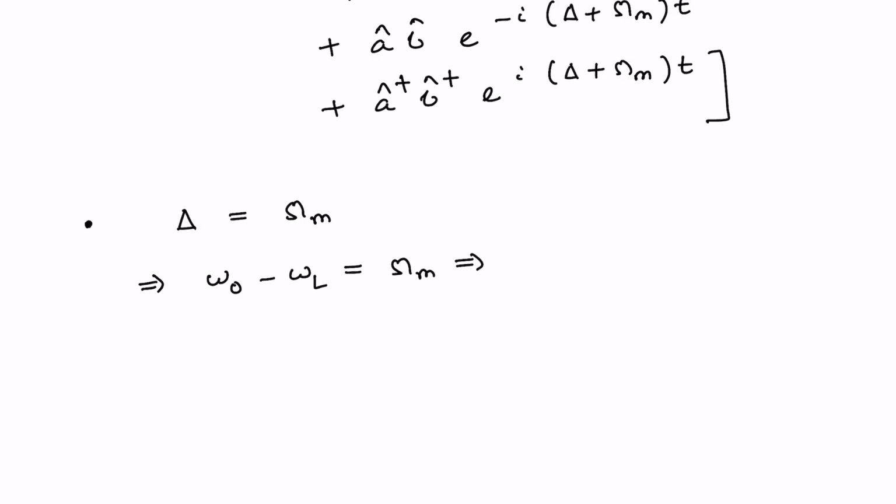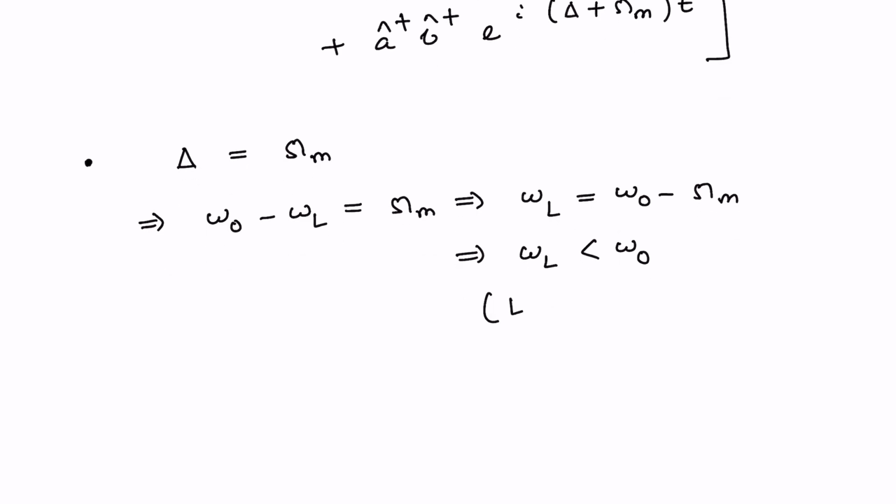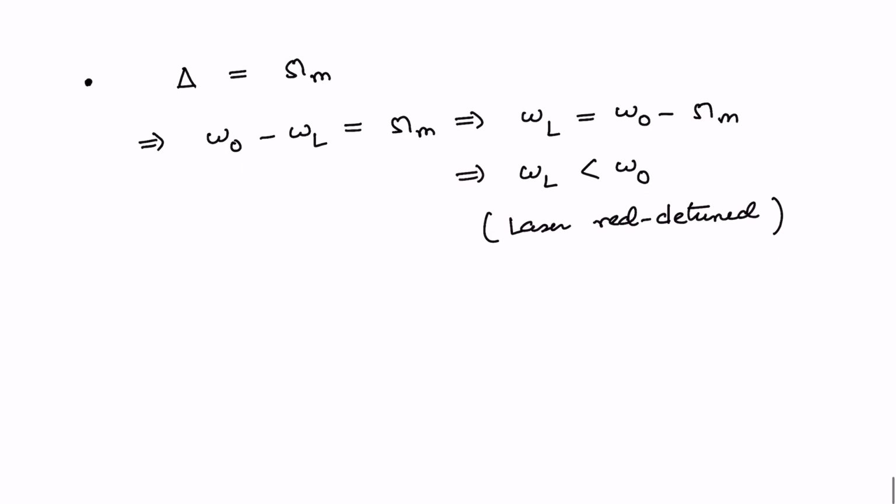This implies that omega L is equal to omega 0 minus omega m. That means the laser frequency is less than the optical resonance frequency omega 0, so the laser is red detuned. That is why, when we set the detuning parameter at omega m, the laser is red detuned.